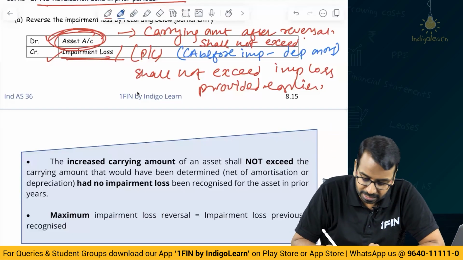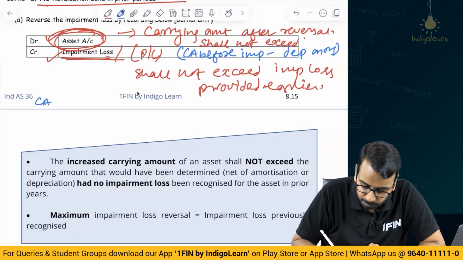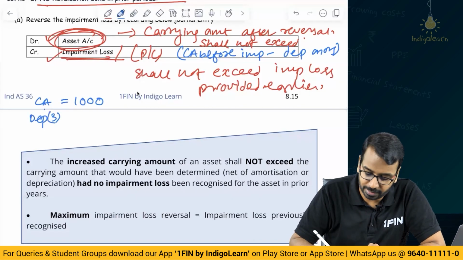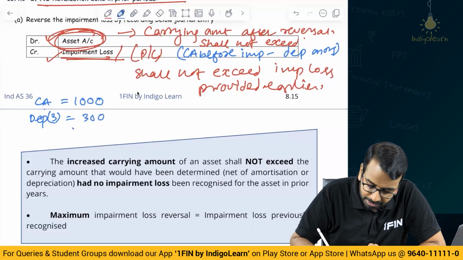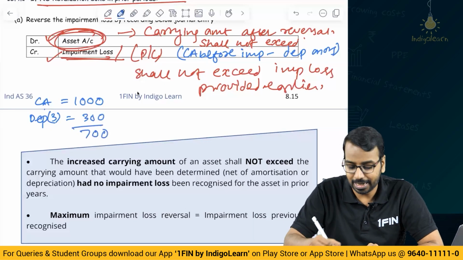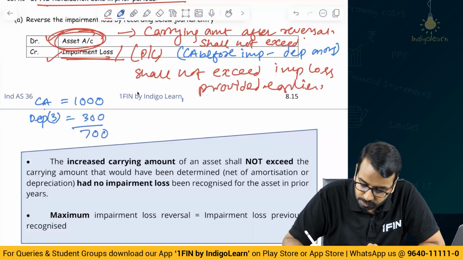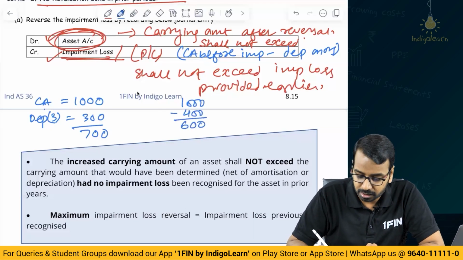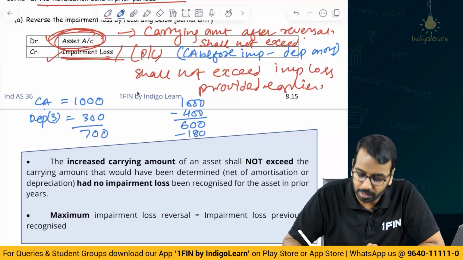Basically, what it means is, for example, the carrying amount before impairment was 1000. Depreciation on this for 3 years, assuming 10 years remaining life, is 300, so it would have been 700. Now, on this 1000, there was an impairment of, let us say, 400. So, value became 600. 3 years depreciation is 180.